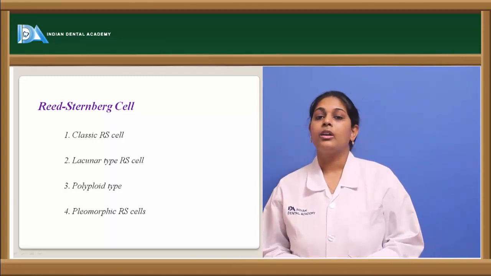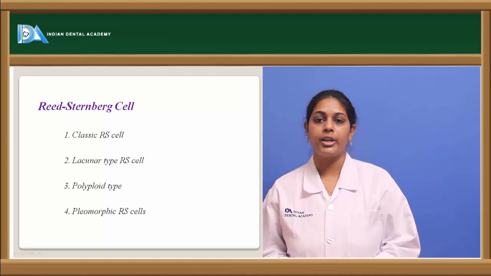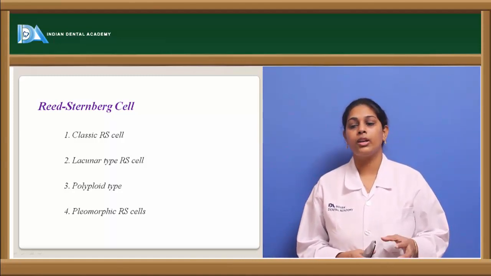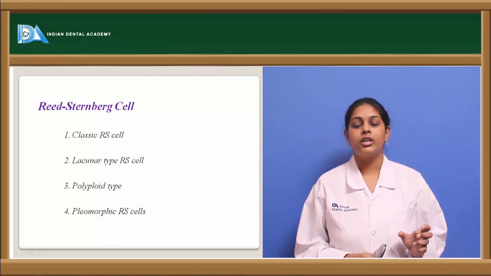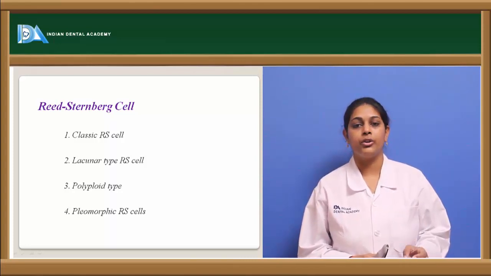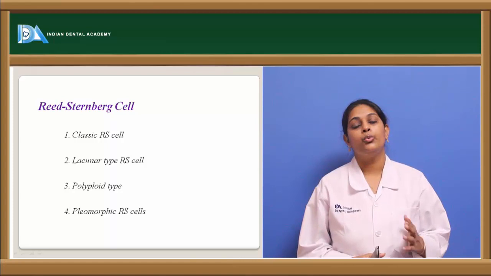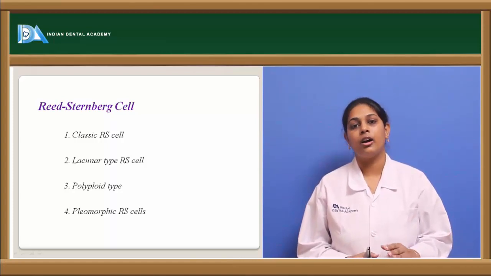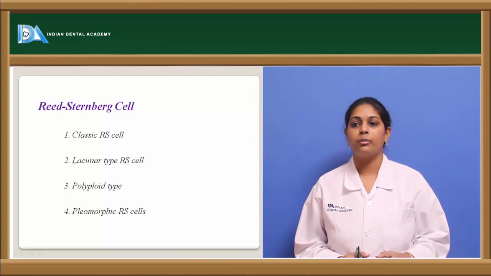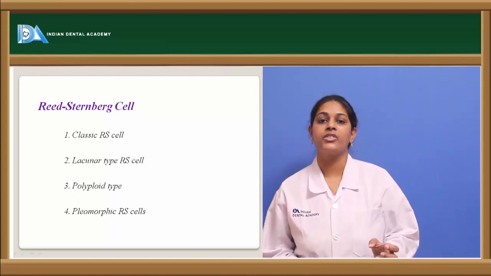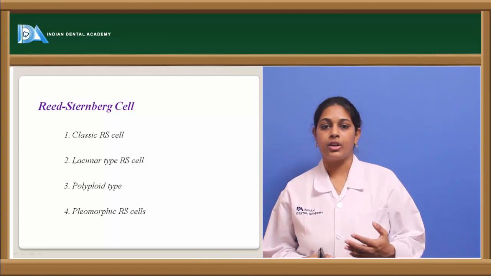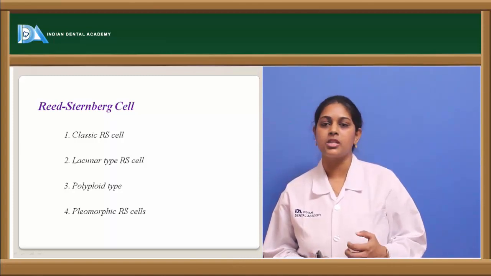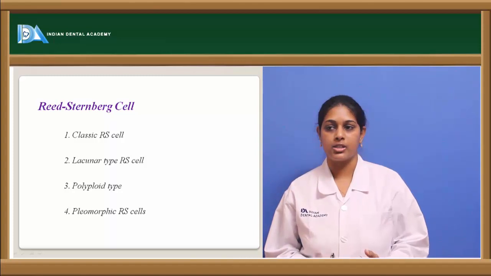The next variant is the polypoid type, also known as the popcorn cell, because the nucleus is multilobulated and the scanty cytoplasm appears clear or pale under the microscope, giving a popcorn appearance. So it is known as the popcorn Reed-Sternberg cell, or polyploid cell.